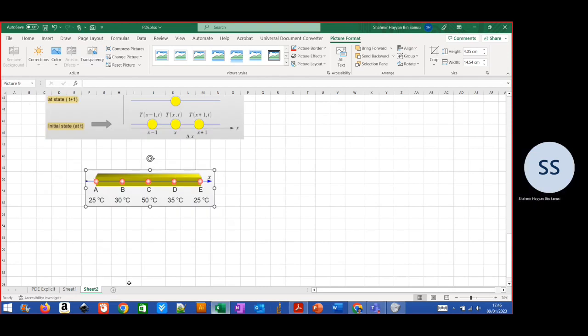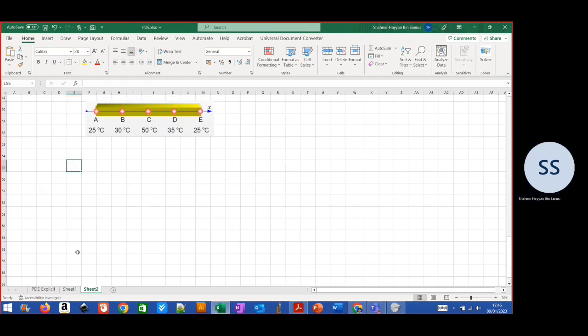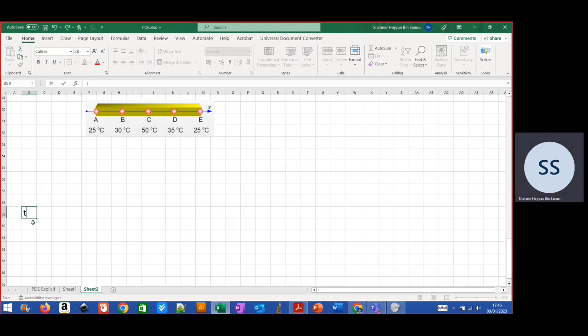Our temperature grid would have, for example, this at T, up is T plus 1, and this is T plus 2, whereby T plus 2 is 8 seconds, T plus 1 is 4 seconds, and T is at 0 seconds.